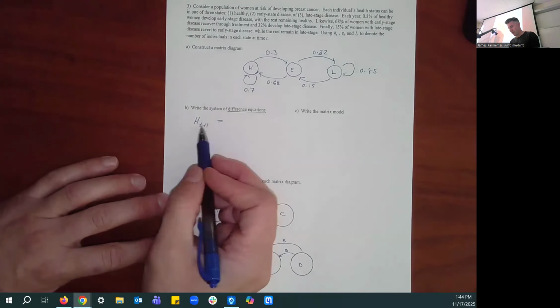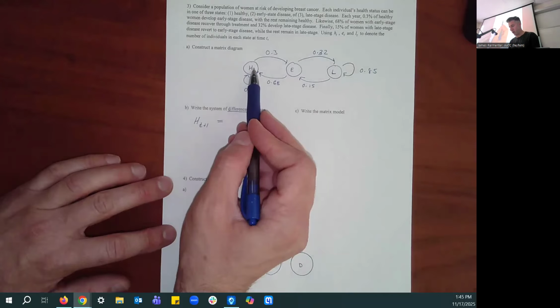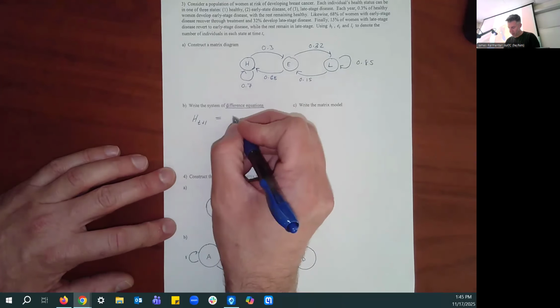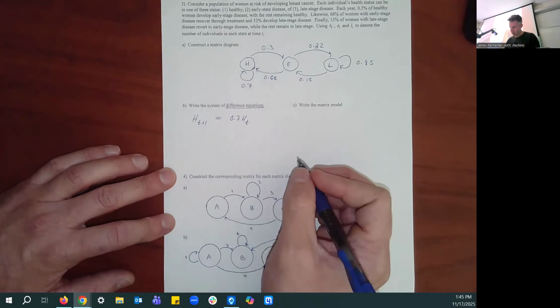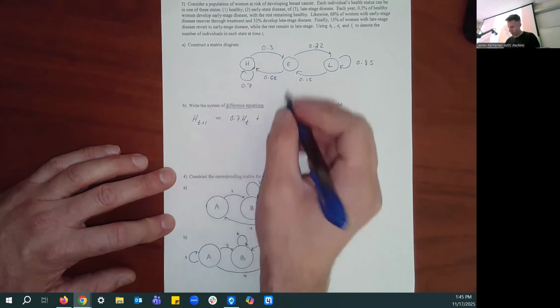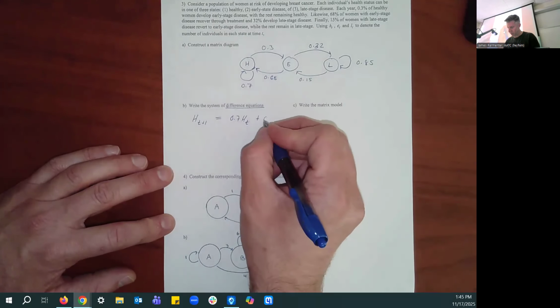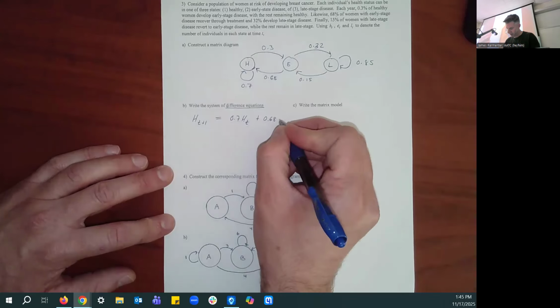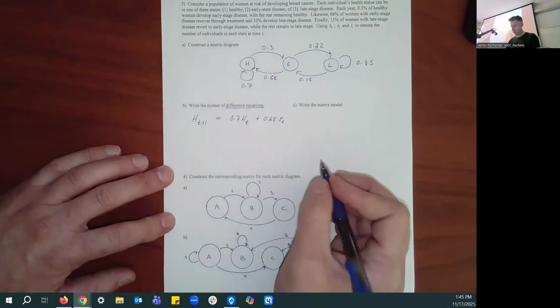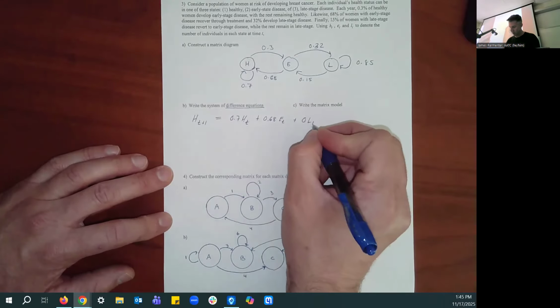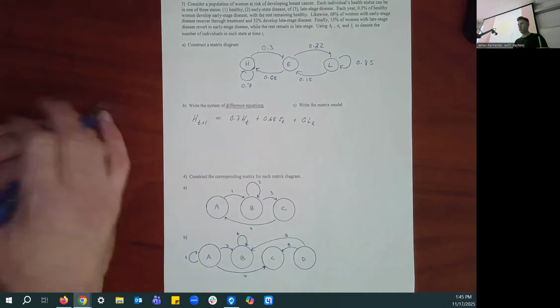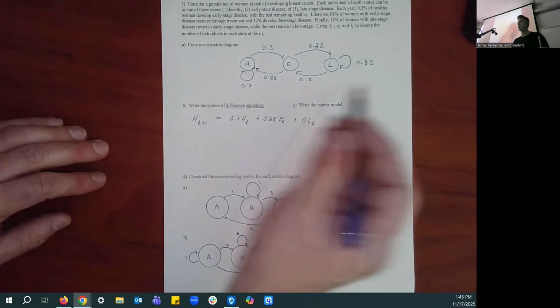So next year, the healthy folks are going to be 70% of this year's healthy folks staying healthy, and then 68% of this year's early stage reverting to healthy. If you really wanted to, you could throw on a 0% of this year's late stage people becoming healthy in one shot. It's not an option in this model.